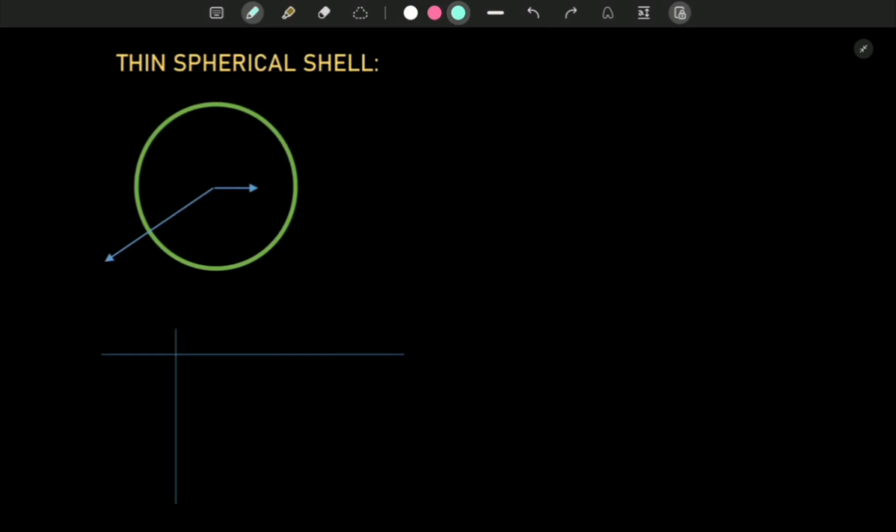Now let us take the situation for a thin spherical shell. Let us name the points. This is the center of the shell. This point be A and this point be B. So the A point is for small r less than the radius of the shell, and B point is for r greater than or equal to the radius of the shell.